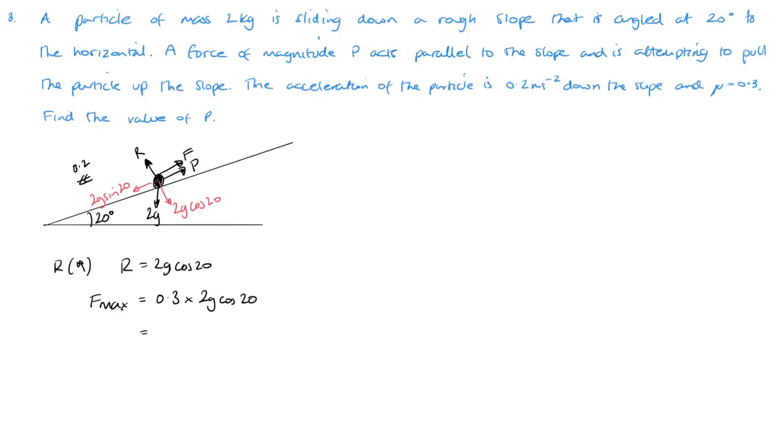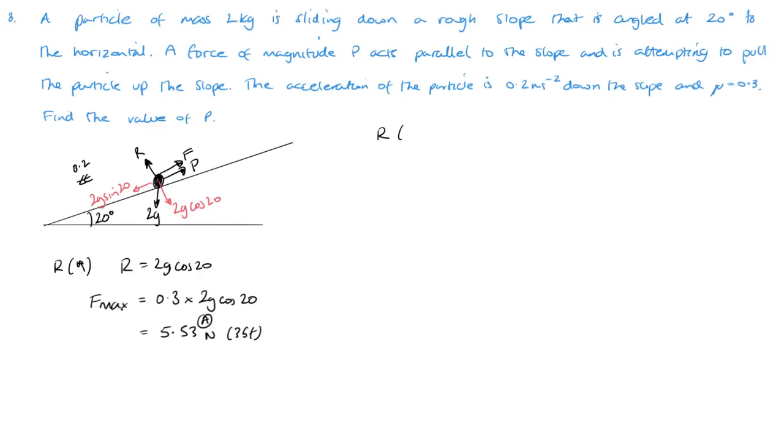So 0.3 times 2 times 9.8 times cos 20. And this is 5.53 newtons to 3 significant figures. And again, I'm going to store it as A so I can use the full value in my calculations.